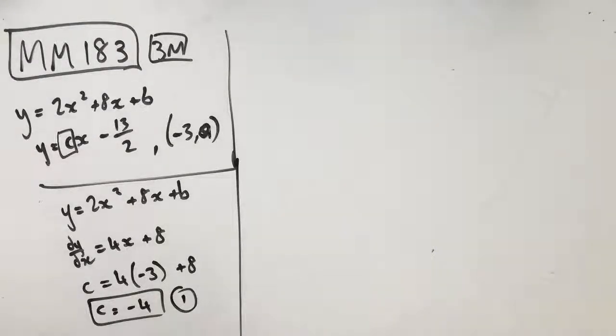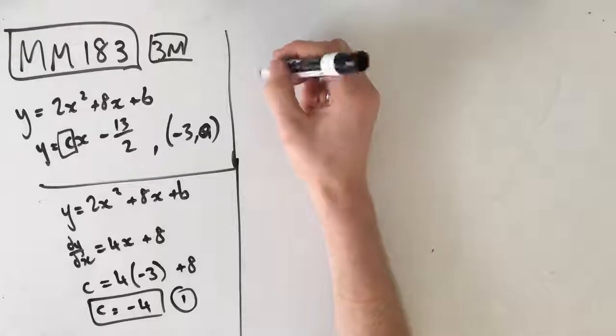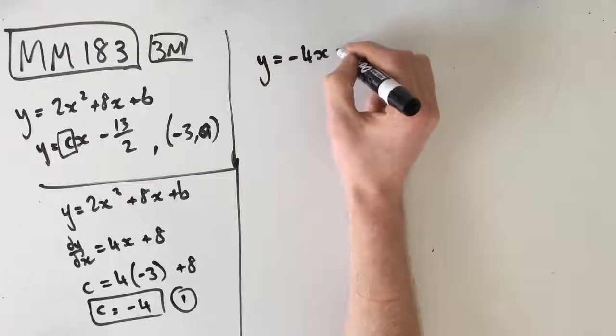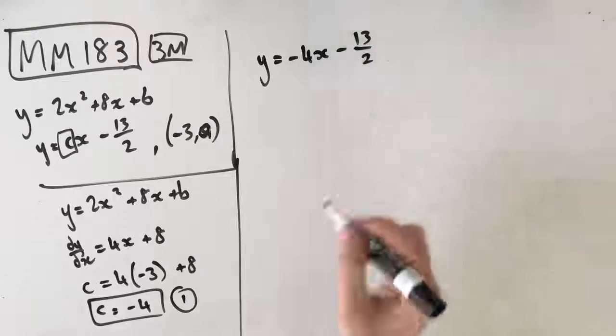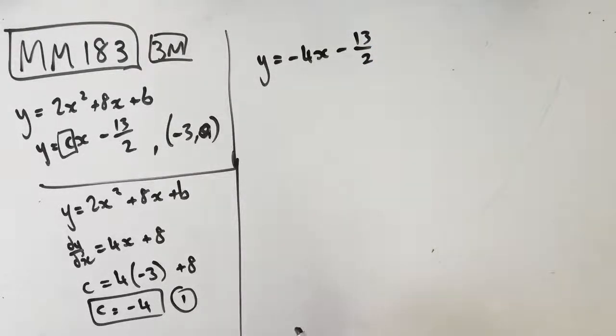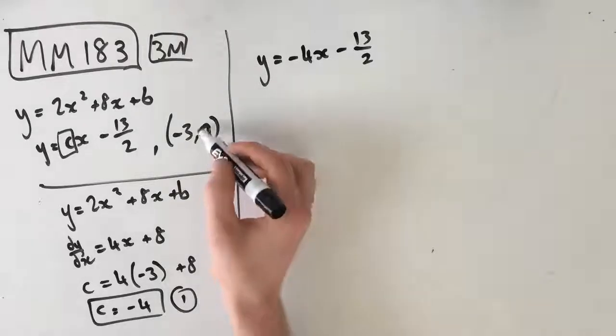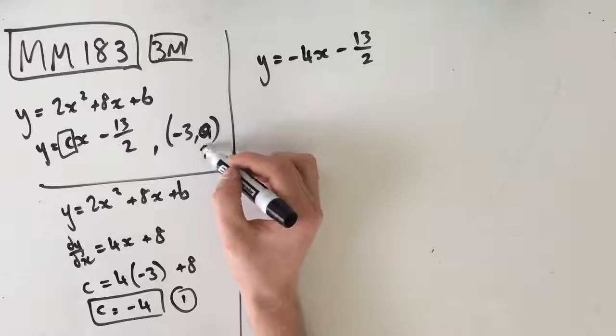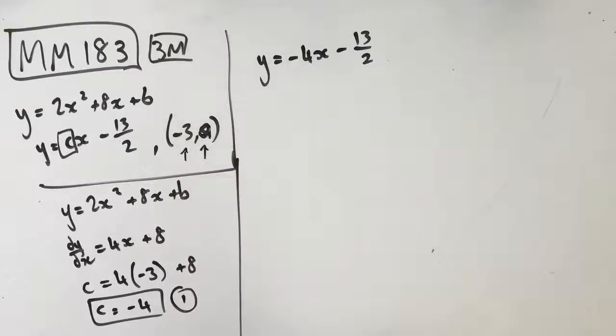So from here, we can say that we now know the actual equation of our tangent, which is equal to -4x take 13 on 2, because our c is -4, and I've just subbed that in there. Now, we know that the point where the tangent is has a y value of a at x equals -3.